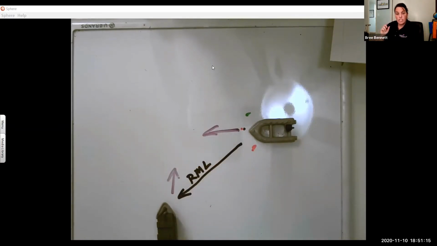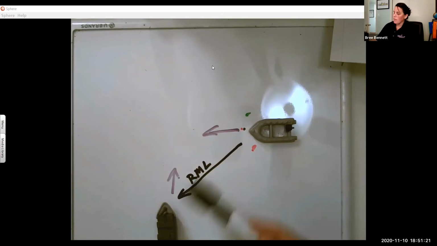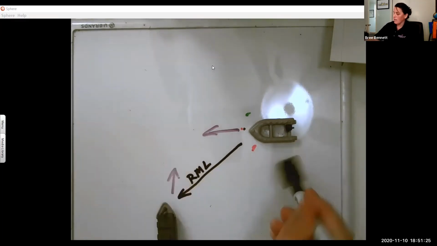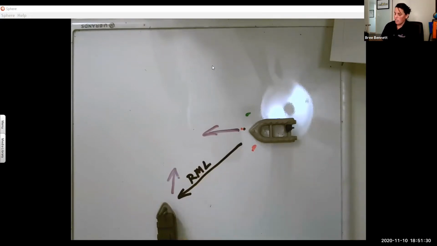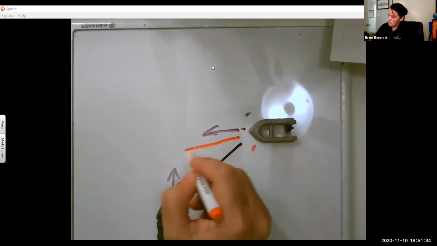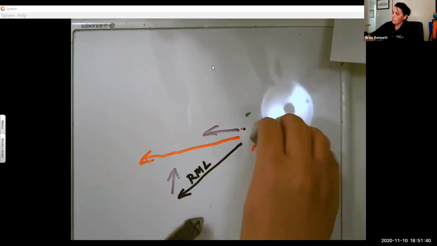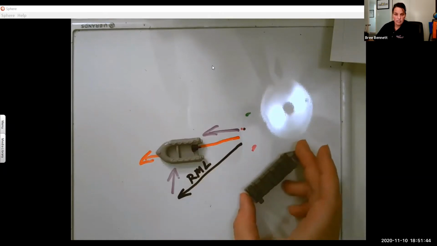Now, if I want to change that relative motion line, and I want to pass astern of him, that means I want my relative motion line to cross in front of me. If I want to pass on his stern, I want to change that relative motion line to be something like this. So I can turn, and that relative motion is going to travel along this way as I travel along this way.